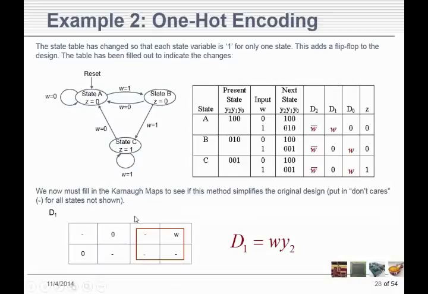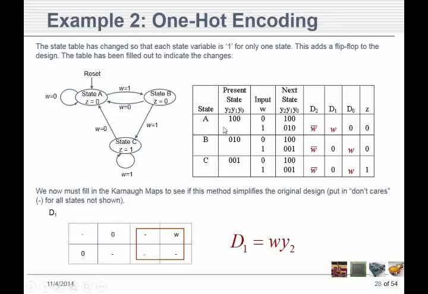This would normally, in a normal map like I've been doing all semester, have been an A. But I don't want to use A because I've got my states labeled A, B, and C. If I said these were A, B, and C, you'd be going, is that this A equal to that A? And no, it's not. So I had to do something different. Where would we normally have A up here?